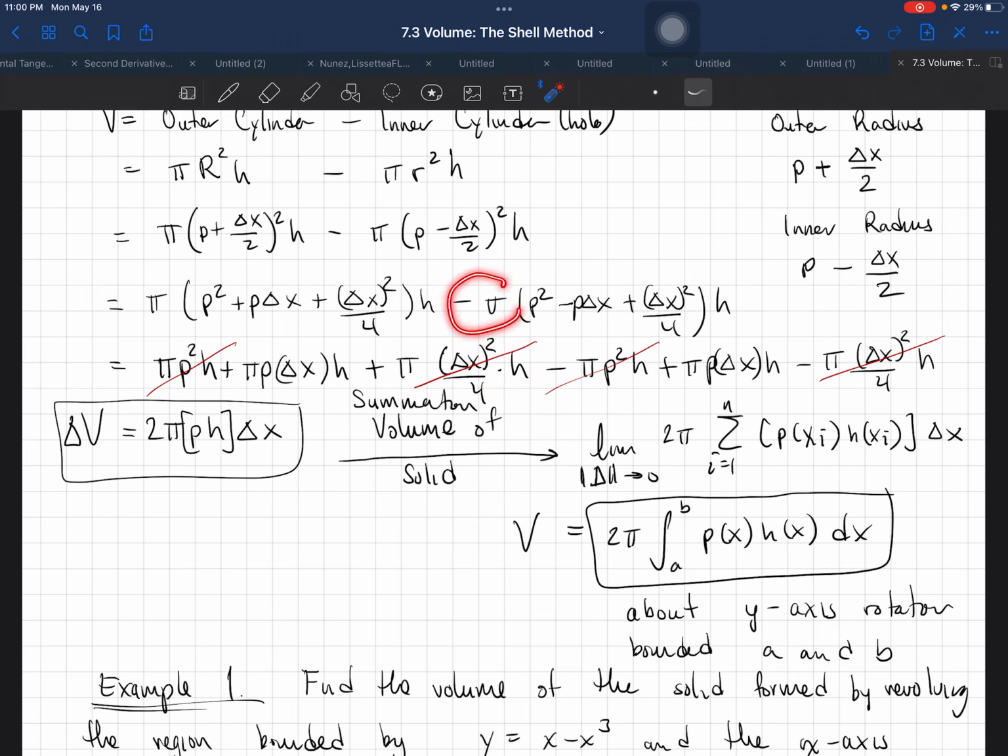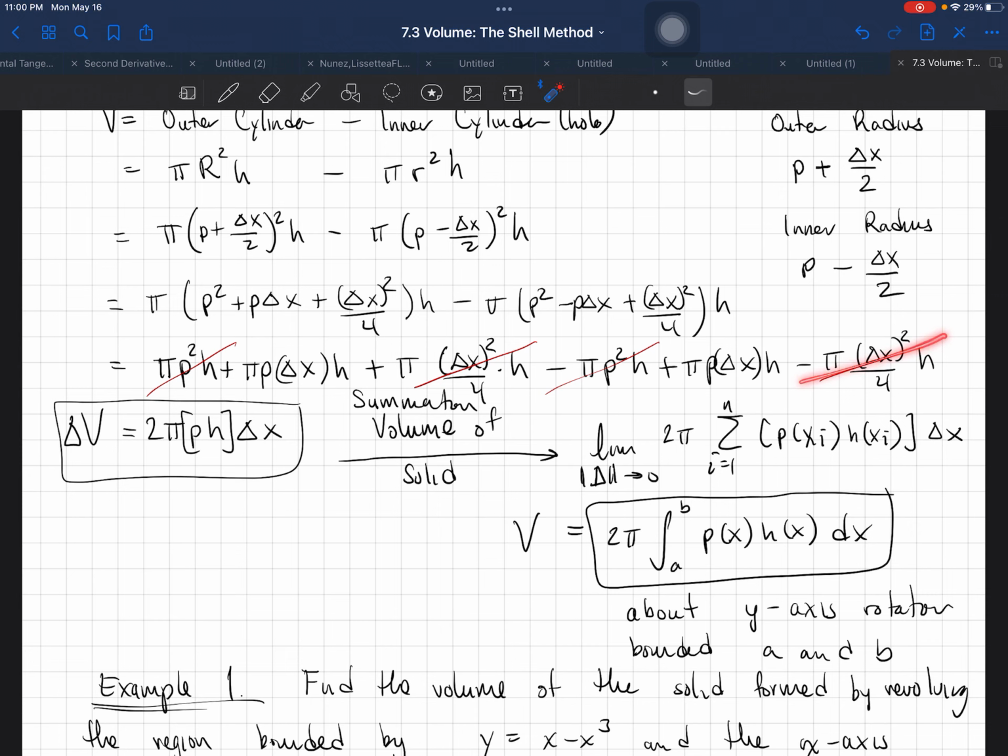Minus, and now distribute the negative along with the h. Negative pi times p squared times h gives you that. Negative times negative becomes positive: pi times p delta x times h. Minus times positive gives you minus pi times h times delta x squared over 4.